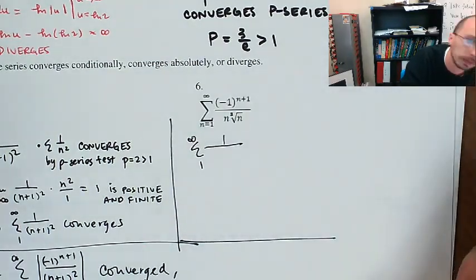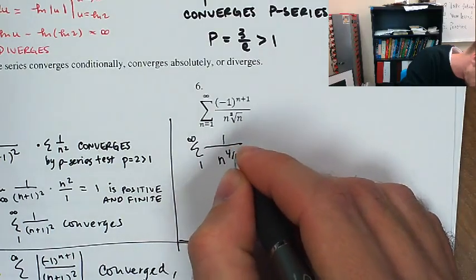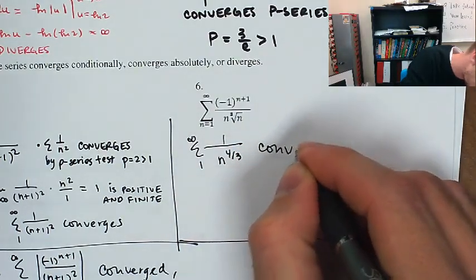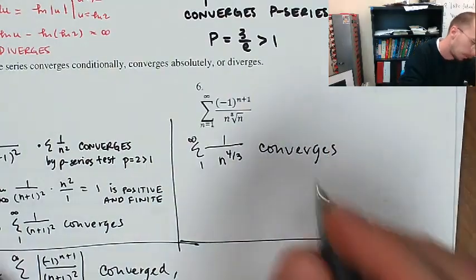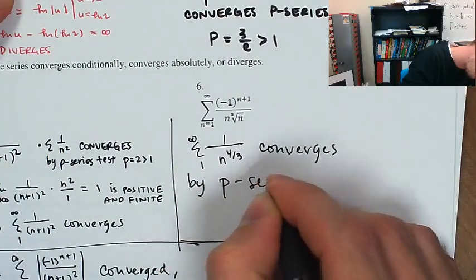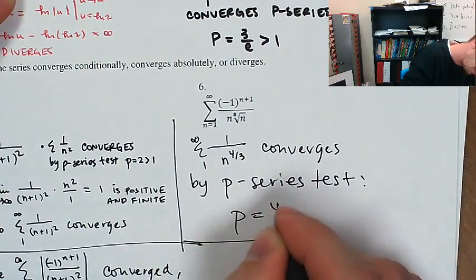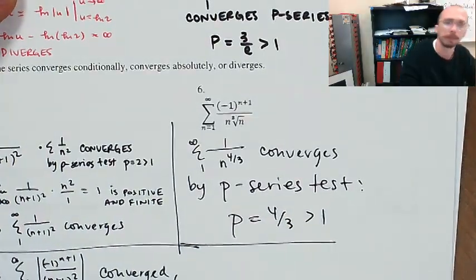I really can't read it. So we're just going to call that n to the 4/3. This one converges by the p-series test. p is equal to 4/3, which is bigger than 1.